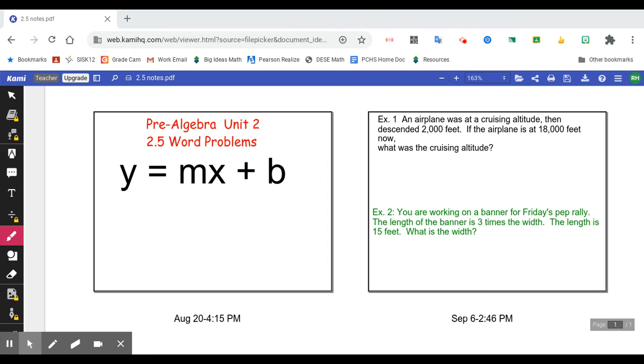So this is the general format that you're going to see every time you write an equation, and we're going to have each part explained right now. So y will always be your total amount because it's obviously going to be your answer. M is what we call slope.